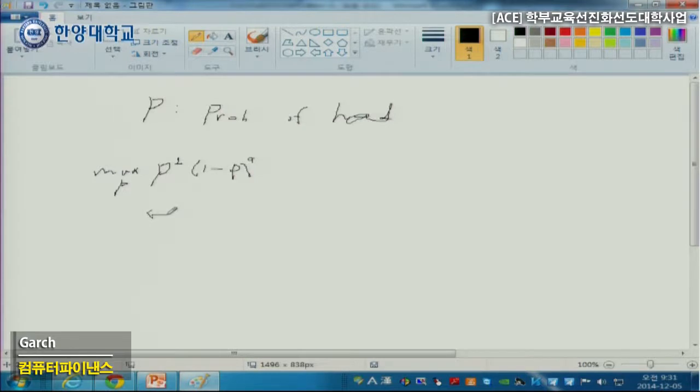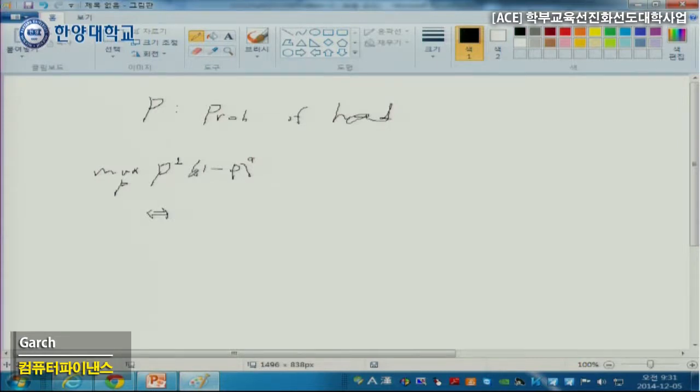But then it is a power thing, and if we take log of this one, then I think this problem gets easier, right? Log is an increasing function, and so simply maximizing this one with respect to P is the same as maximizing log of this one with respect to P, right? Because log is an increasing function.